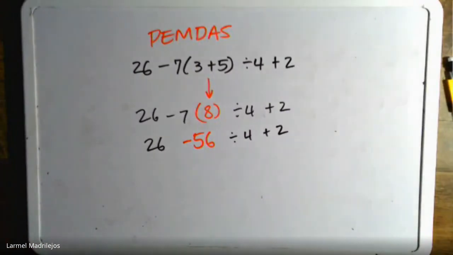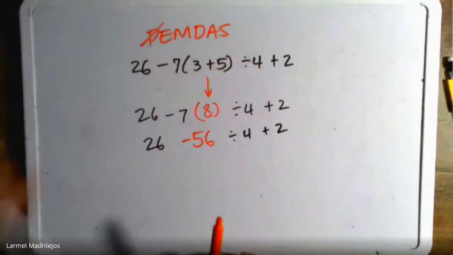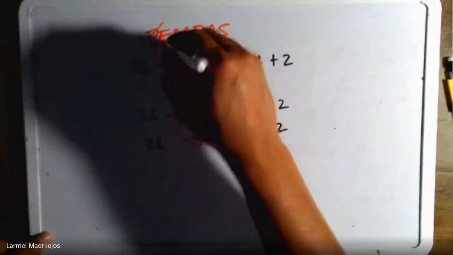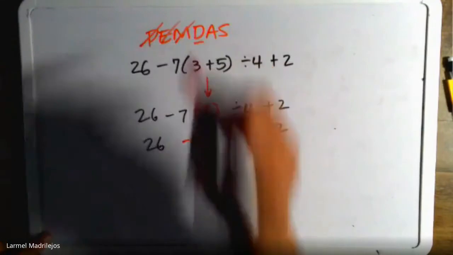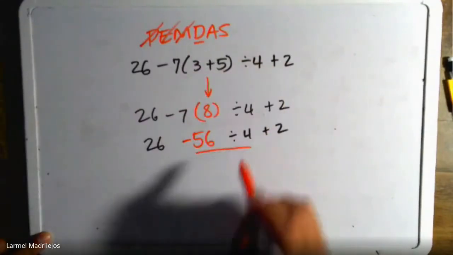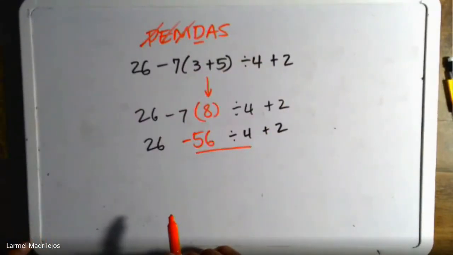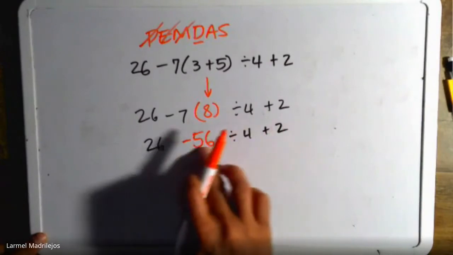Now after PEMDAS, I didn't see exponents. I didn't see multiplication, but I saw division. So I'm going to divide these two. Negative 56 divided by 4 looks like 14, but there's a negative there, so negative 14.